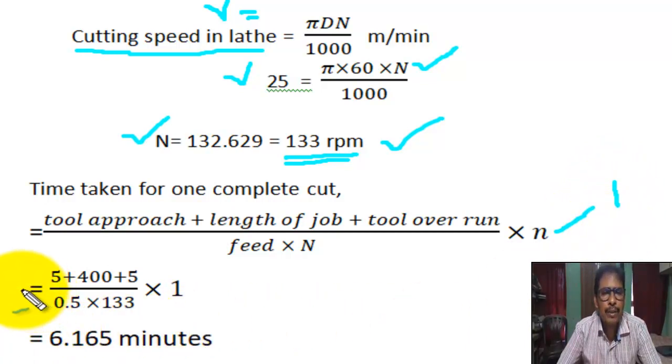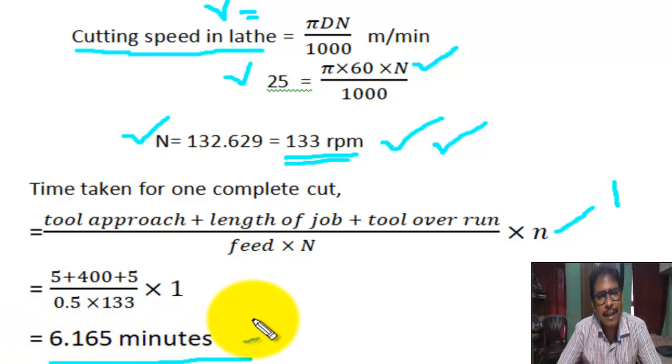Now we put in the values: tool approach we always take 5 millimeter, length of job given 400 millimeter, tool overrun we take 5 millimeter, feed given 0.5 millimeter per revolution, N calculated just now equal to 133, n equal to number of cuts 1. The answer is 6.165 minutes.